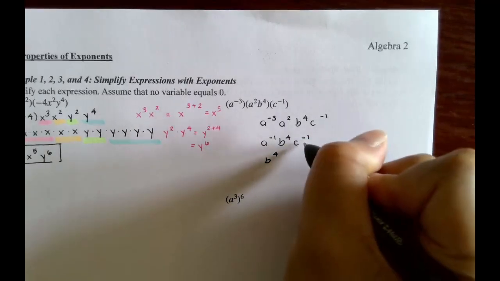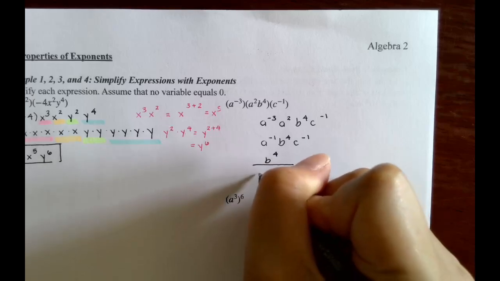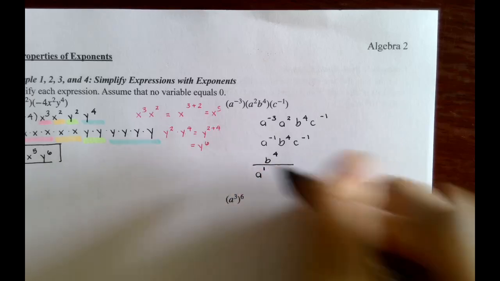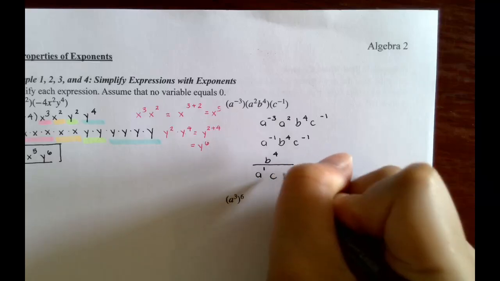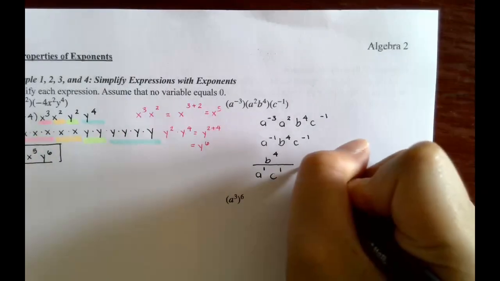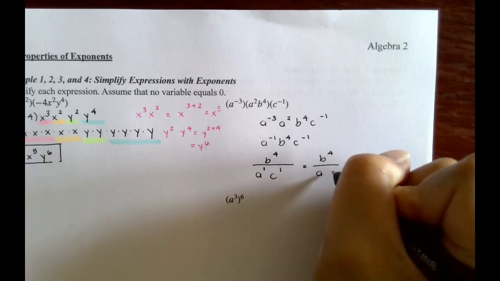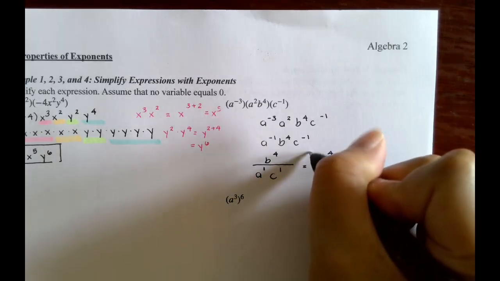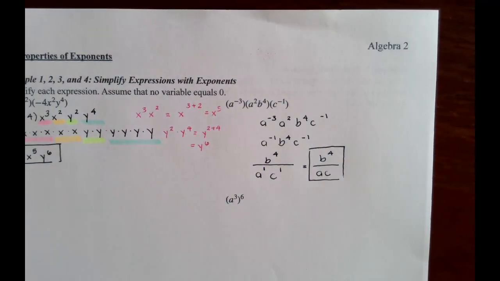However, a and c both have a negative power, so now they're going to move to the bottom, and then the power is going to change signs. Okay? And then writing anything to the first power doesn't really change anything, so b to the fourth, a to the first, c to the first, or I can just write it as a and c. And there you go.